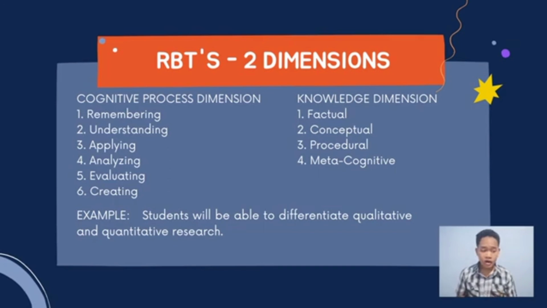Why? Because quantitative research and qualitative research can be composed of small informations or supporting details that could provide a concept on how can we differentiate these 2 type of research. So by considering these 2 dimensions, we can have or we can enhance our cognitive skills.